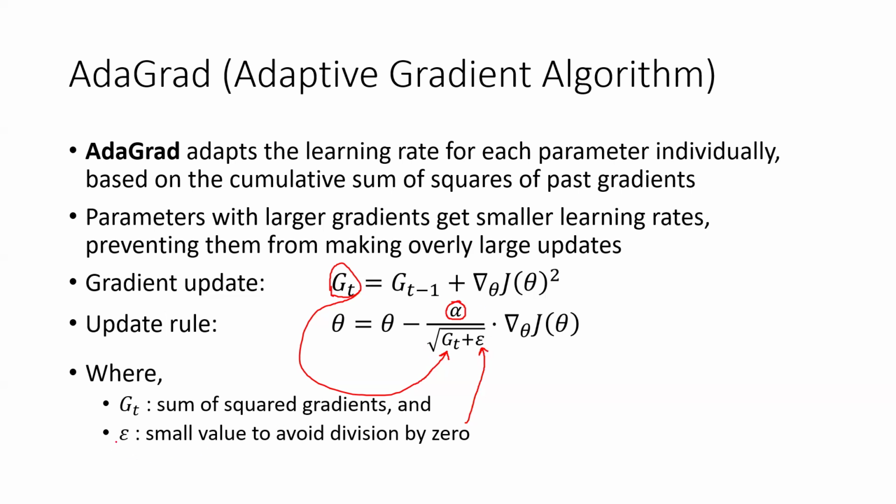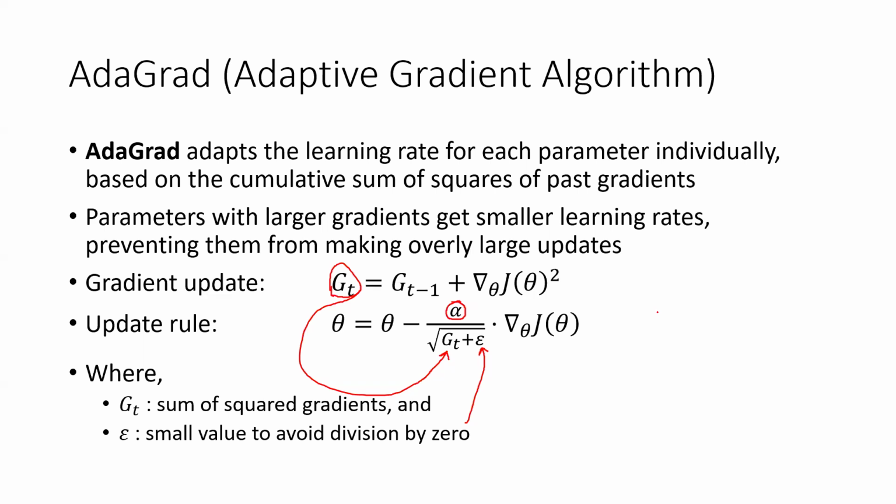So if you forget this epsilon term, what we are really trying to do is divide this alpha term with the square root of the gradient, so that for higher gradients you would have a very high value here, so that the learning would be much slower for these particular parameters, right?